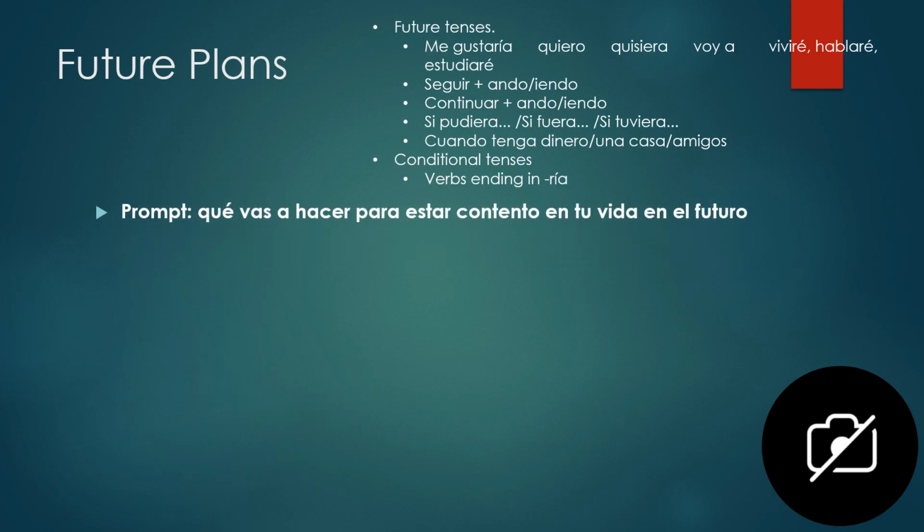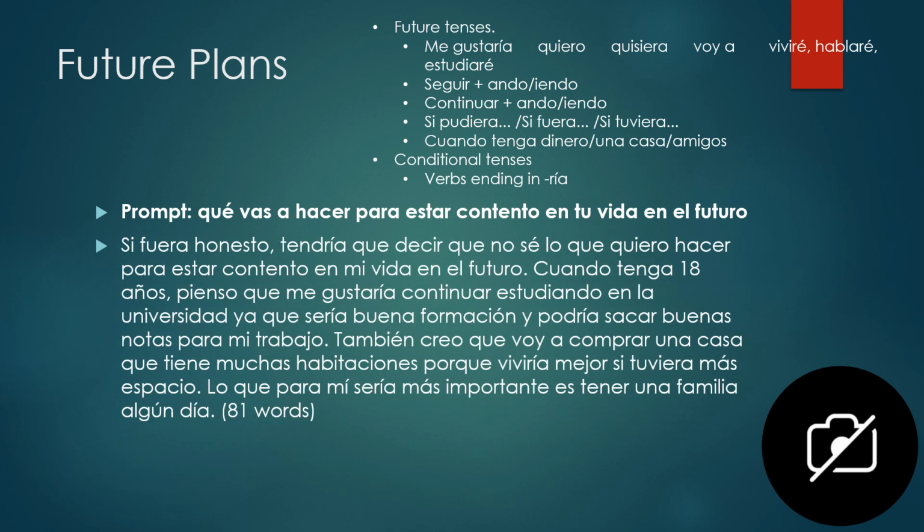So, the prompt, ¿qué vas a hacer para estar contento en tu vida en el futuro? I could start off with, si fuera honesto, tendría que decir que no sé lo que quiero hacer para estar contento en mi vida en el futuro. So if I were honest, I'd have to say that I don't know what I want to do to be happy in my life in the future.